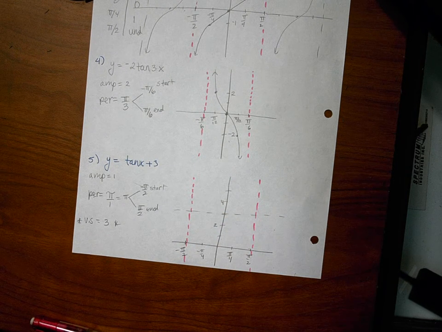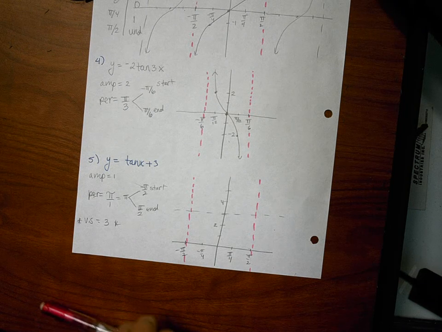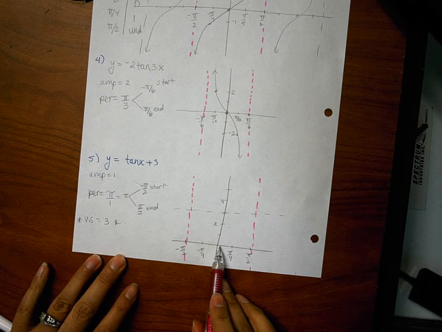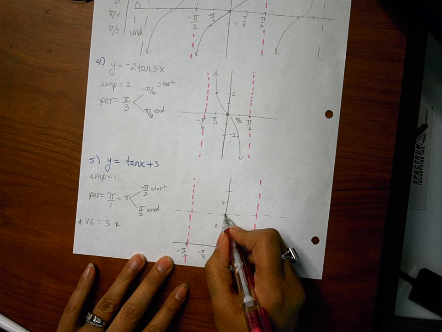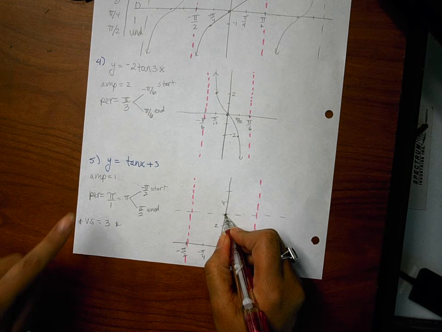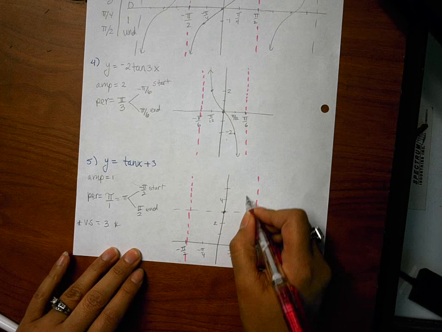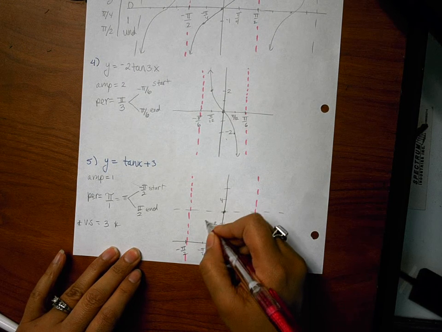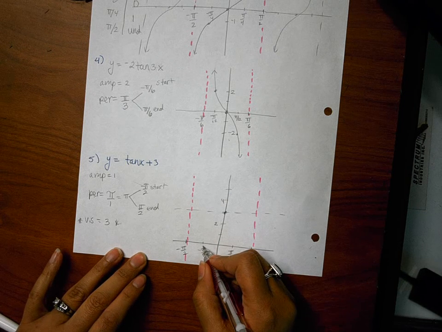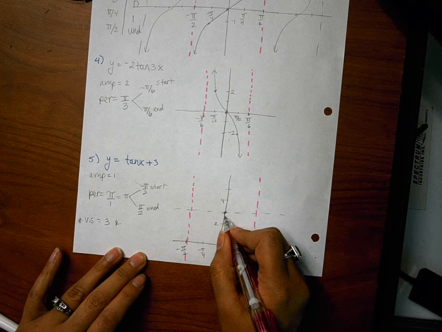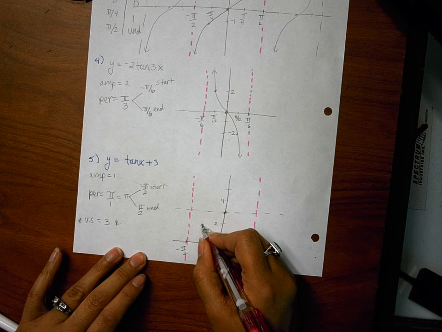And then I have my key points, 1, 2, 3, 4, 5. Those two are asymptotes. My middle is always a 0. In this case, it is a fake 0. And because it's positive, I know I'm going in this direction, increasing, where this one is decreasing from left to right. So at negative pi over 4, from here, I go down 1, because that was my amplitude.